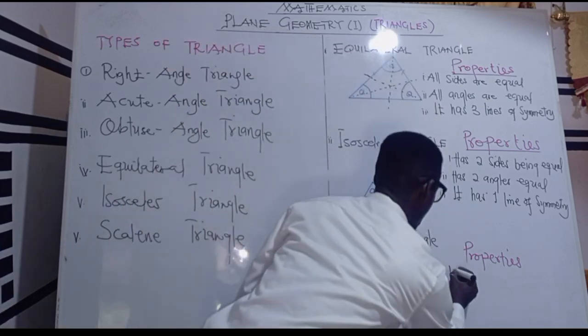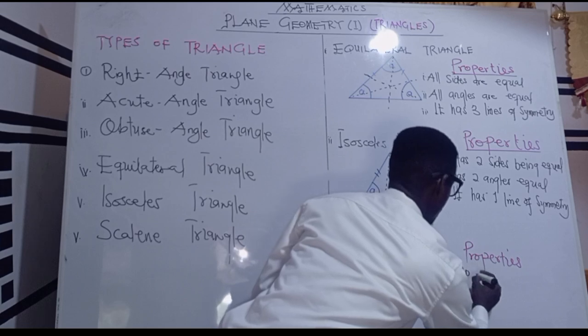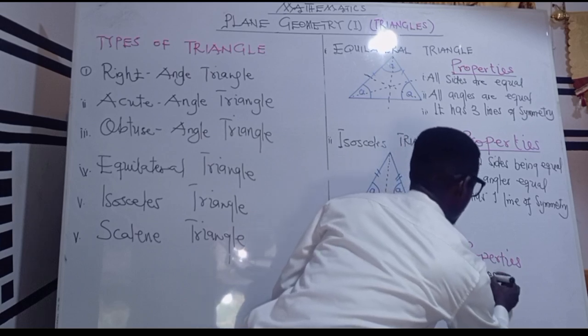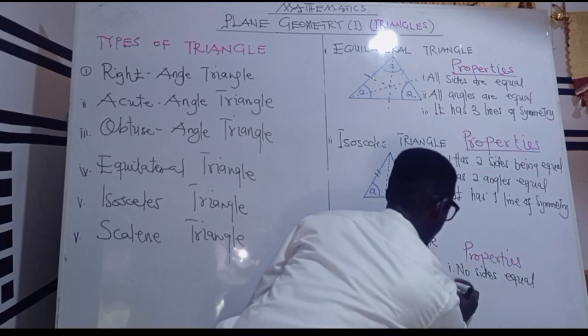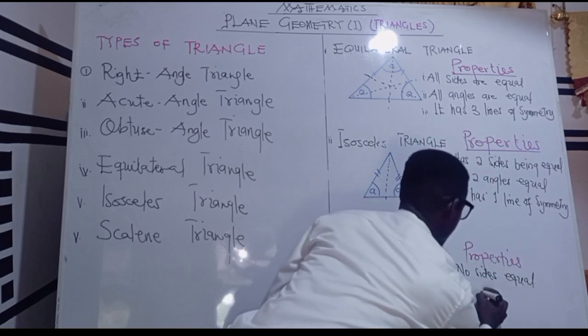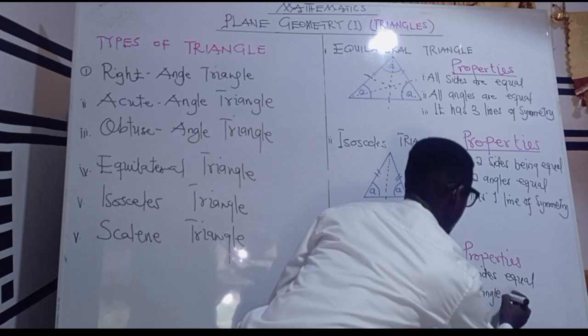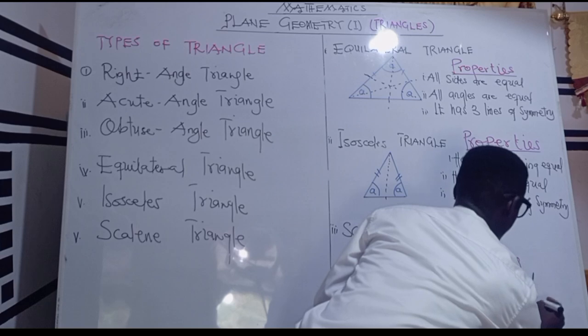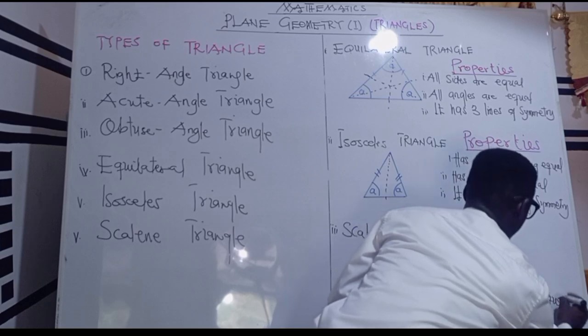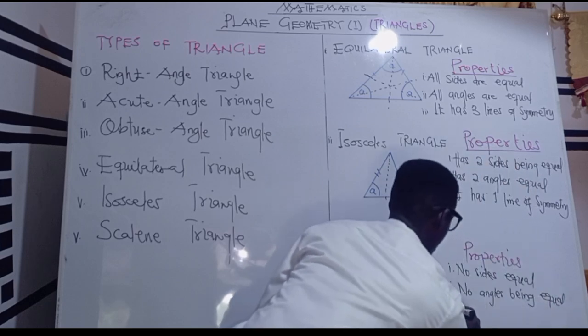So the properties we have: no sides being equal, no angles being equal, and then no line of symmetry.